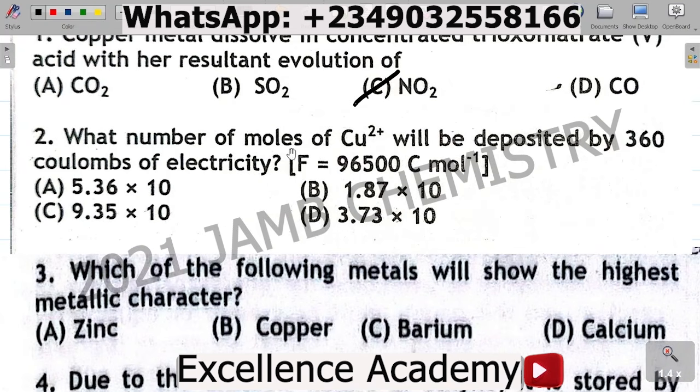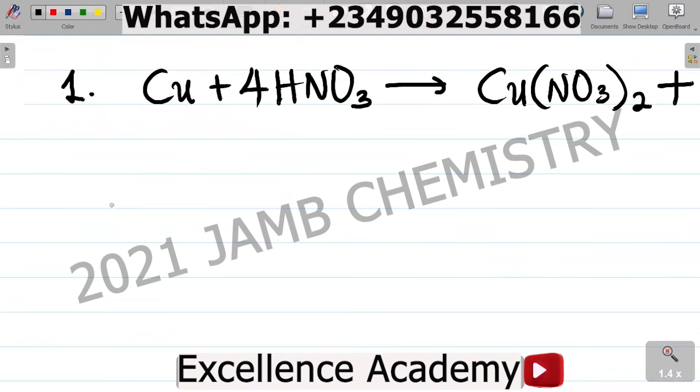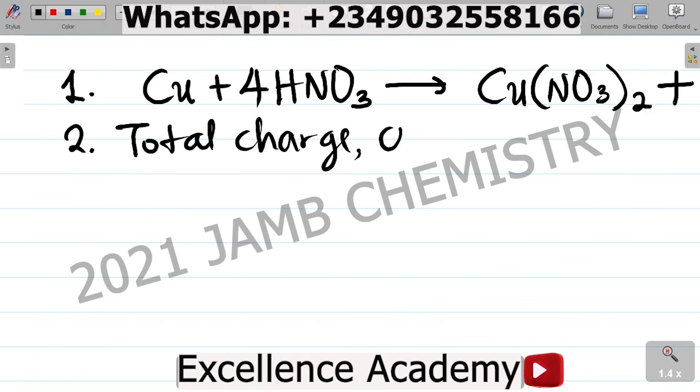Question 2 says, what number of moles of copper(II) ion will be deposited by 360 coulombs of electricity? Take Faraday's constant as 96,500 coulomb per mole. You have options A, B, C, and D. So how do we solve this question? For question 2, the first thing we want to notice is that we're given the total charge, Q, equal to 360 coulomb.